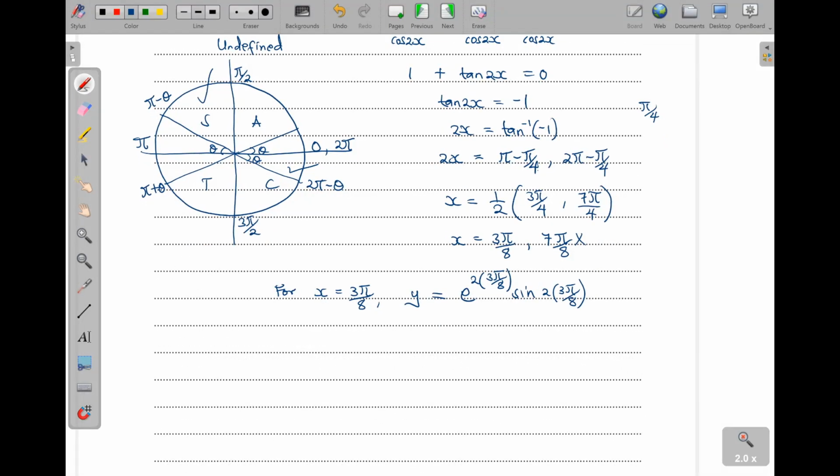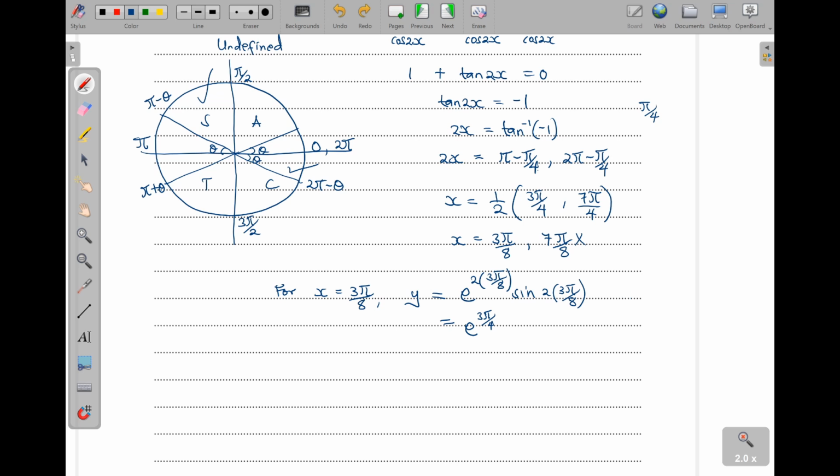Now, if it is exact, then let us just simplify this one here. 2 goes here 4 times, right? So we shall have e power 3 pi over 4. And then sine of this one here is 3 pi over 4. So sine of 135 is the same as sine of 45.